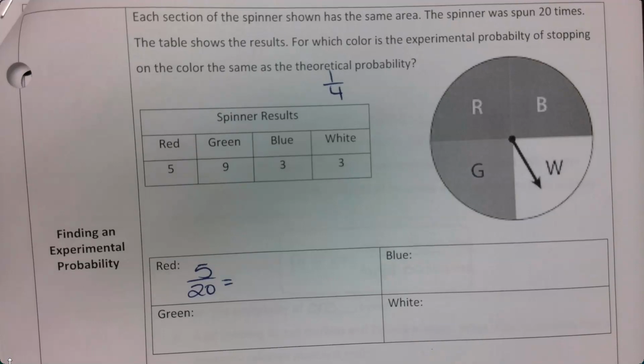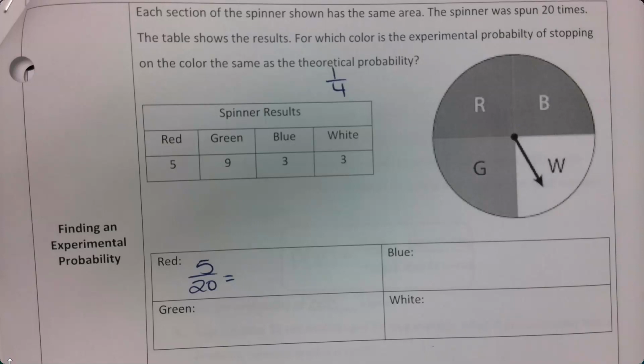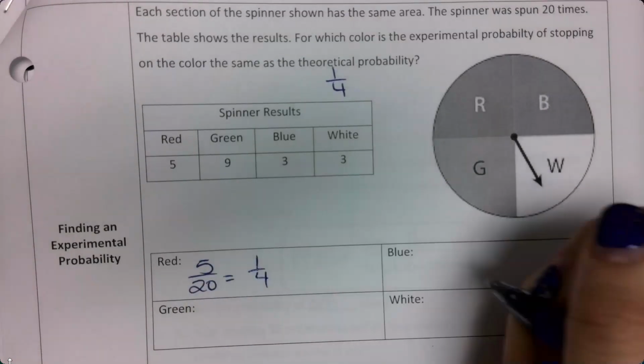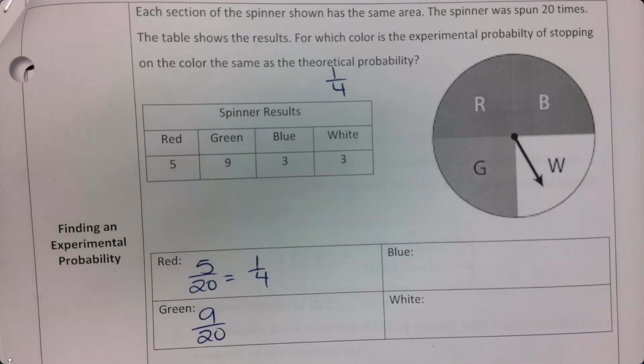What is that as a simplified fraction? 1/4? Okay. Then I'm going to do the same thing. Green's below. Green is 9 out of 20. What is that as a simplified fraction? 9 over 20.